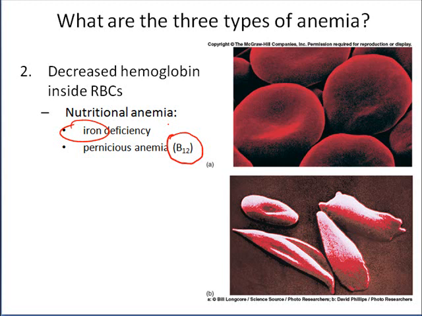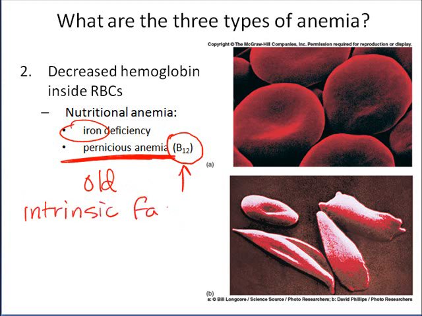And if you don't get enough vitamin B12 in your diet, you can develop a type of anemia called pernicious anemia. So a lot of times old people or the elderly will develop pernicious anemia because vitamin B12 is a really giant molecule, and you have to have something called intrinsic factor, which is manufactured in the stomach, in order to absorb vitamin B12.